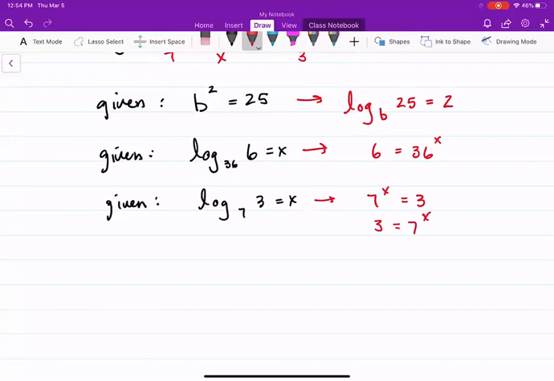Can you guys tell me what's the difference between those two equations? Nothing. They're just on different sides. Exactly the same. So yes, that would be correct.